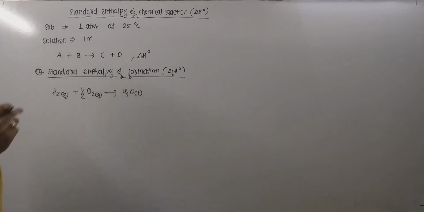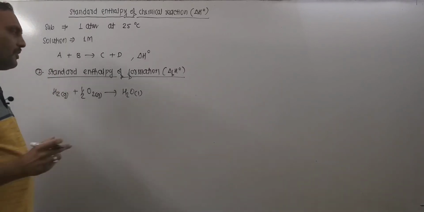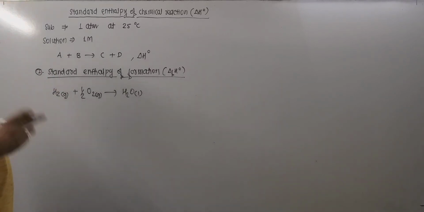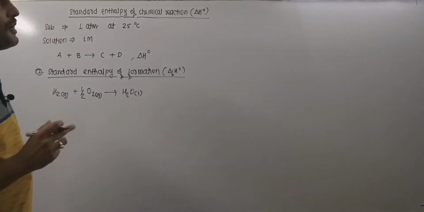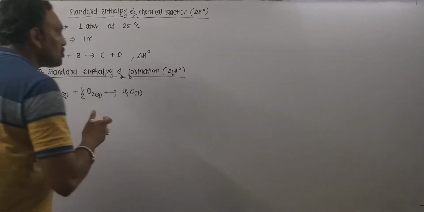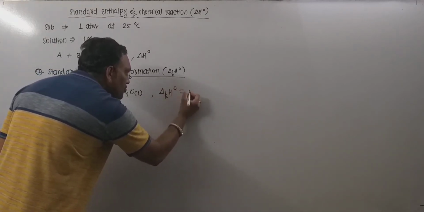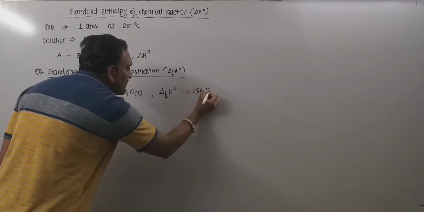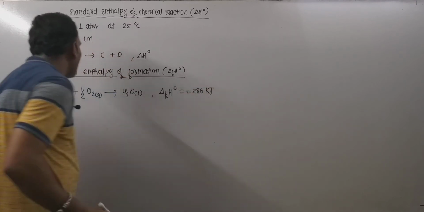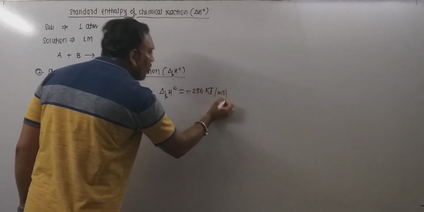So this is the formation of 1 mole of H2O liquid, and for this reaction the enthalpy change recorded is minus 286 kilojoule. Thus minus 286 kilojoule is the standard enthalpy of formation of water per mole.